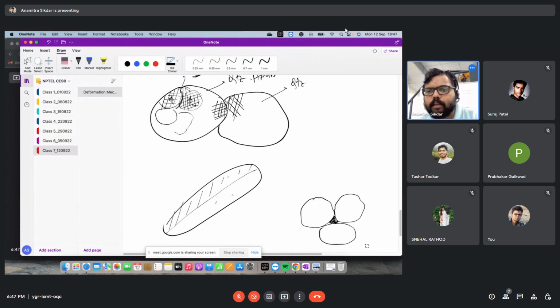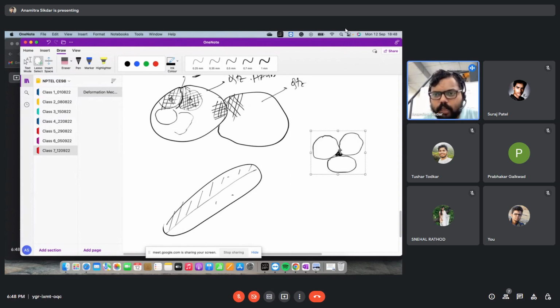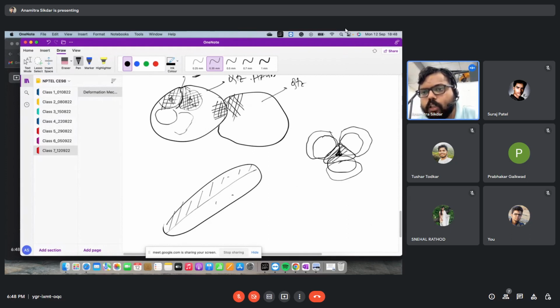That will not be a good picture. When dilation happens, this grain will move somewhere here, this will move somewhere here, and this will move somewhere here. So this space is now this much. The pore space has increased.